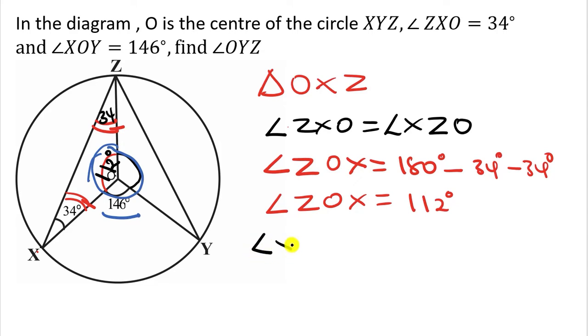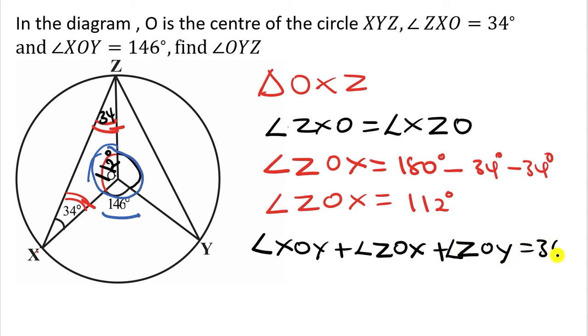So angle XOY plus angle ZOX plus the angle that we want to find, that is the ZOY. This is supposed to give us 360 degrees. And we know that angle XOY is 146 plus angle ZOX. What is ZOX? That one too is 112 degrees.